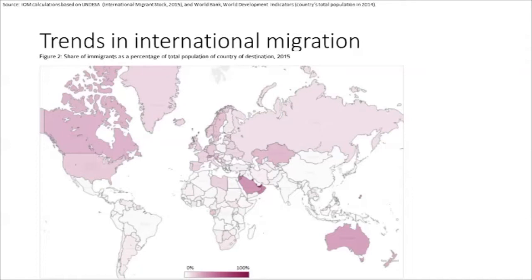If you look at Syria, Syria is white, which means that Syria has a very low share of immigrants, which is not surprising because there is war in Syria, so very few people would actually decide to move to Syria. It's rather the opposite way around. And if you look at some of the neighboring countries of Syria, like Jordan and Saudi Arabia, those countries are receiving many of the refugees who are fleeing the war in Syria.